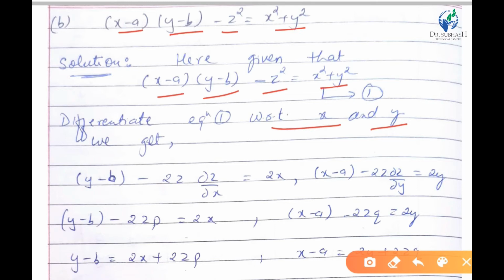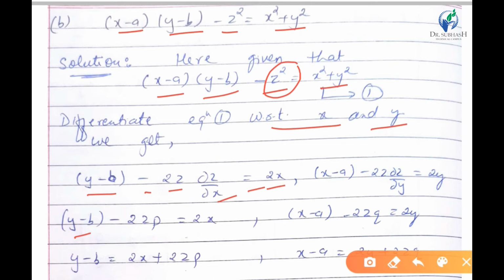Now first we differentiate with respect to x. We get here y minus b minus differentiation of z square will be 2z, and again we get del z by del x equal to differentiation of x square will be 2x. Now we convert this in the form of p.